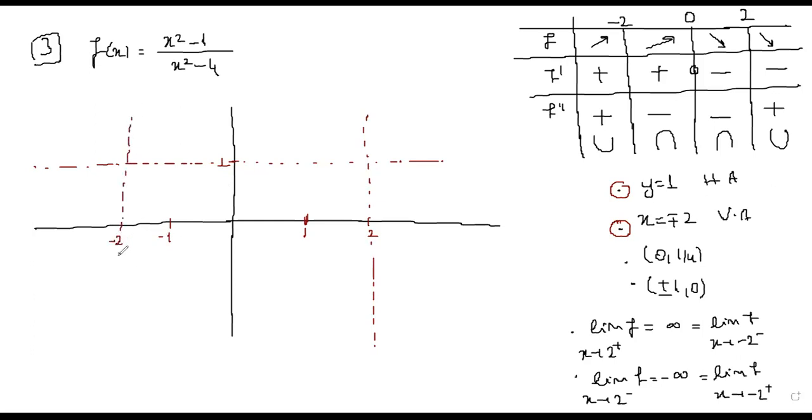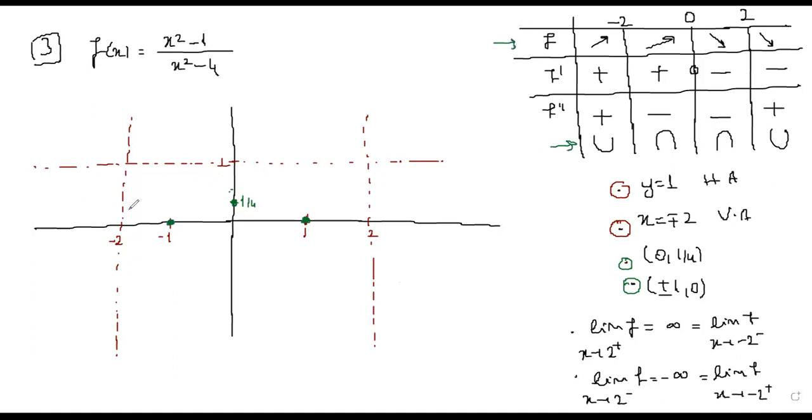So this is also a vertical asymptote, right? Now, what else do we know? We know the y-intercept, right? 1/4. So this is on the curve. We know that. And these are also on the curve, on the graph. So we will have these points. Okay. Now we will use this information to sketch the graph.